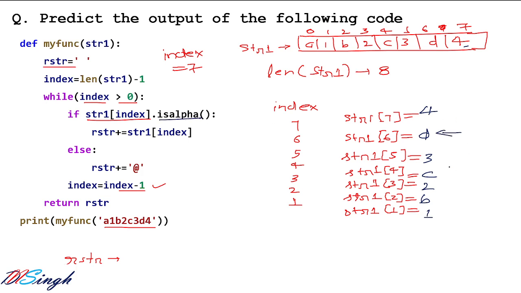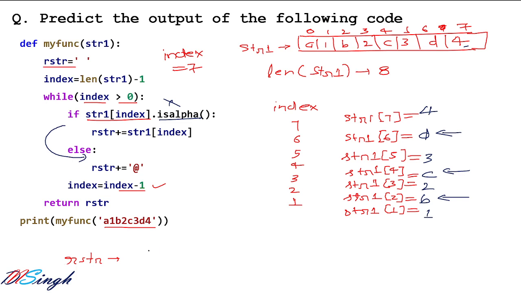Now check for how many cases this condition isalpha is true. Wherever an alphabet is there, the if condition is satisfied. What if this condition fails? It goes to the else part, and at the rate is concatenated at that place. So let me generate the output.